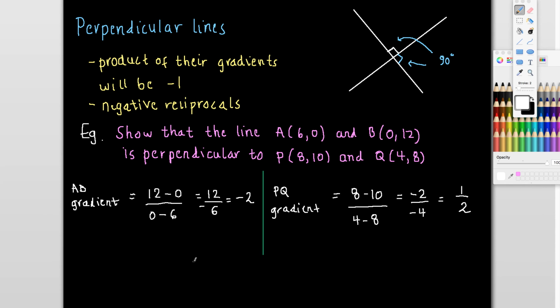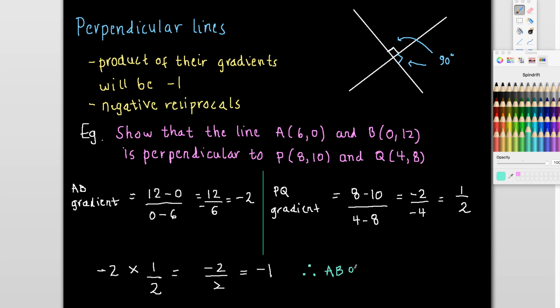So the reason that we know these are perpendicular is if we take the gradient of each, so the gradient of AB is -2, and if we multiply that by 1/2, what you should find is that we get -1. So we've got -2/2 when you multiply it, and that is equal to -1. And what we can say from there is that therefore AB and PQ are perpendicular.